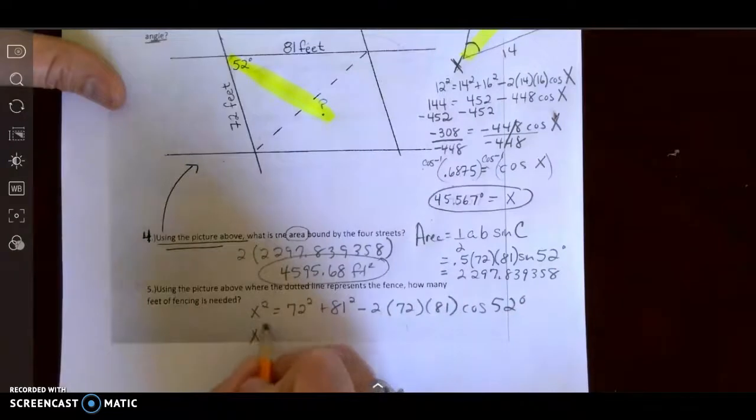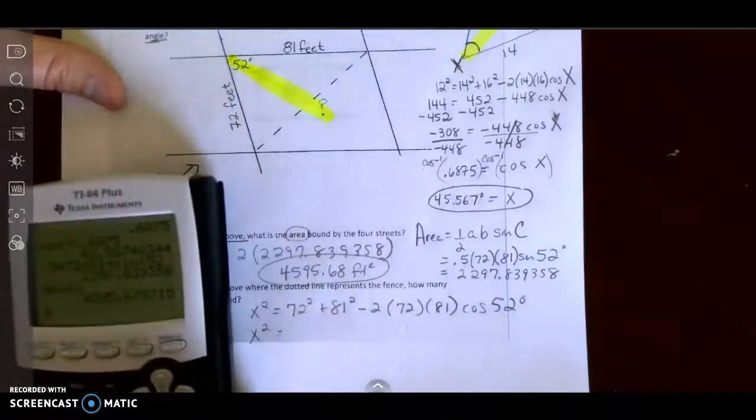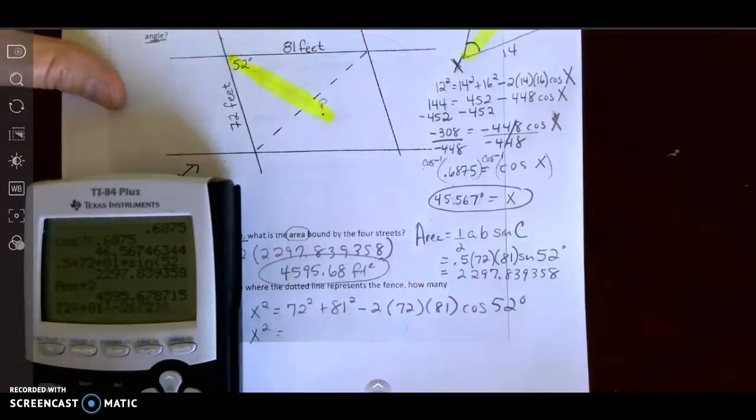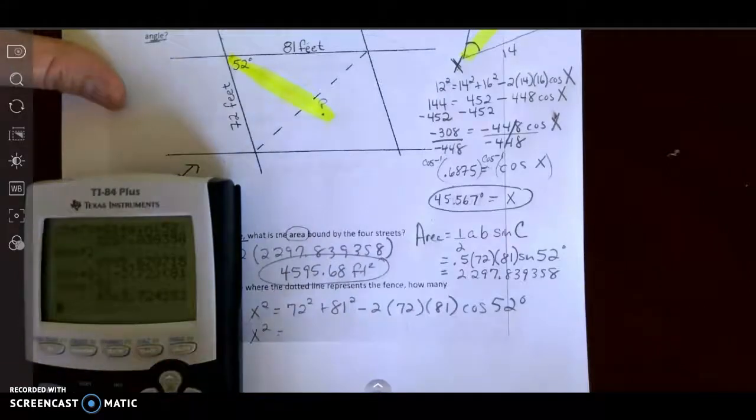Nice thing about this one is because there's no variables here, I can type all of this into my calculator. 72 squared plus 81 squared minus 2 times 72 times 81 times the cosine of 52.